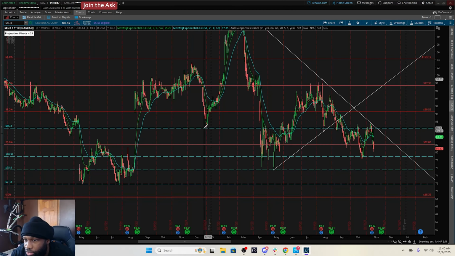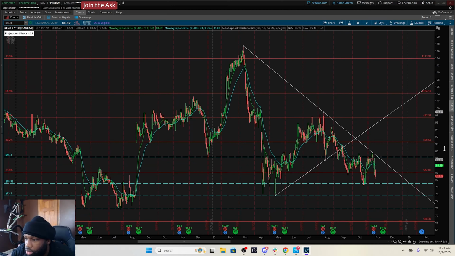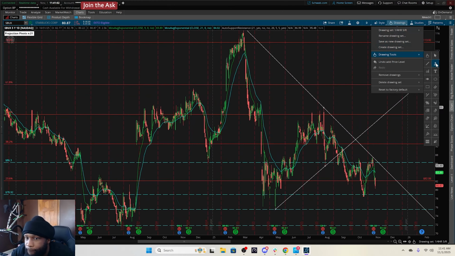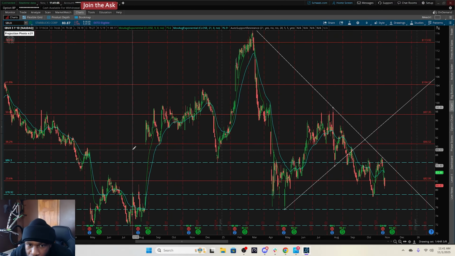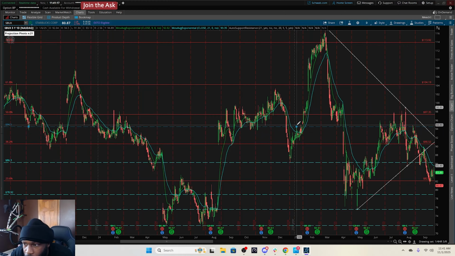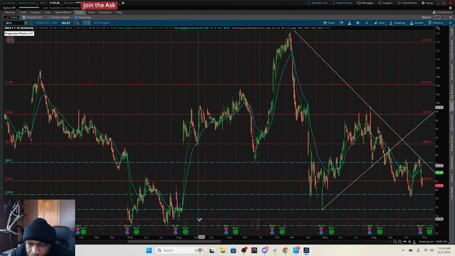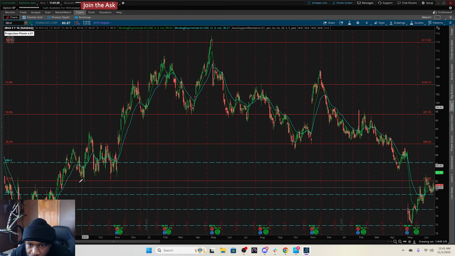As you can see, this support is a resistance in this area before the downtrend rejection on the daily. Now I'm looking for the next resistance.